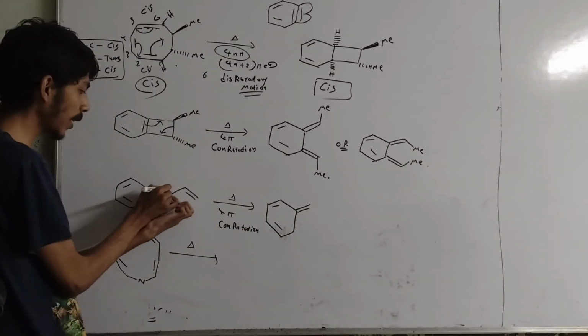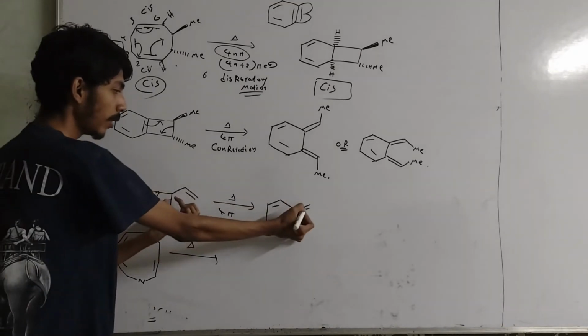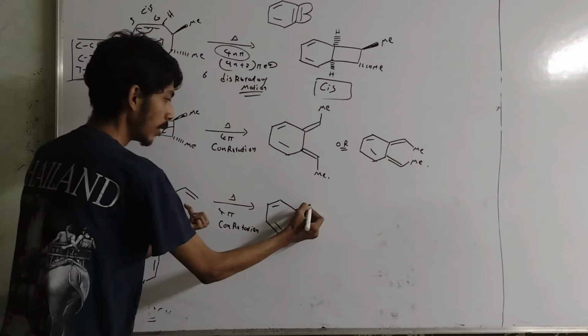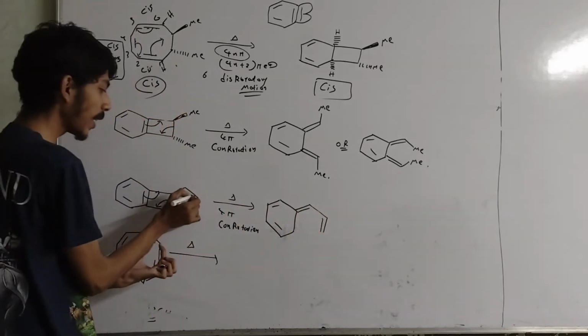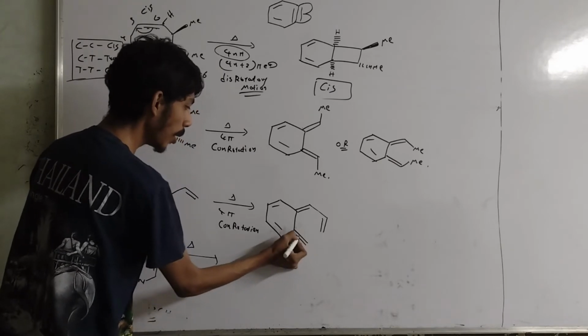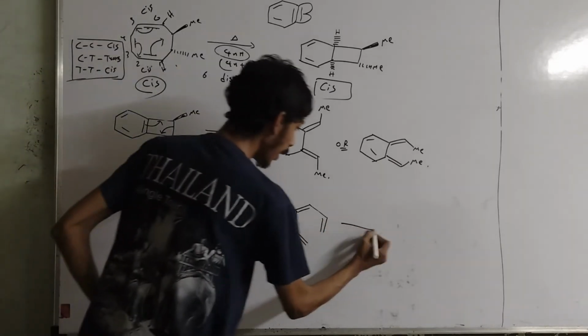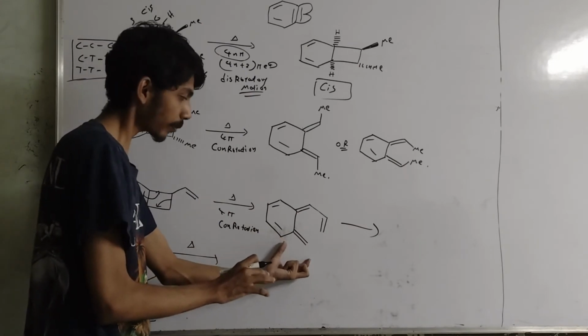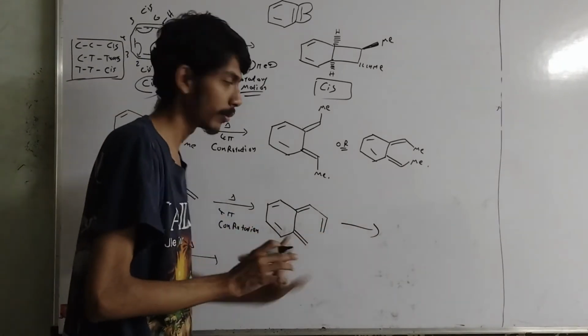This is very important, because the double bond is present here, and here also a second double bond, and a third double bond is here. Now the reaction does not stop at this point. The reaction goes further.